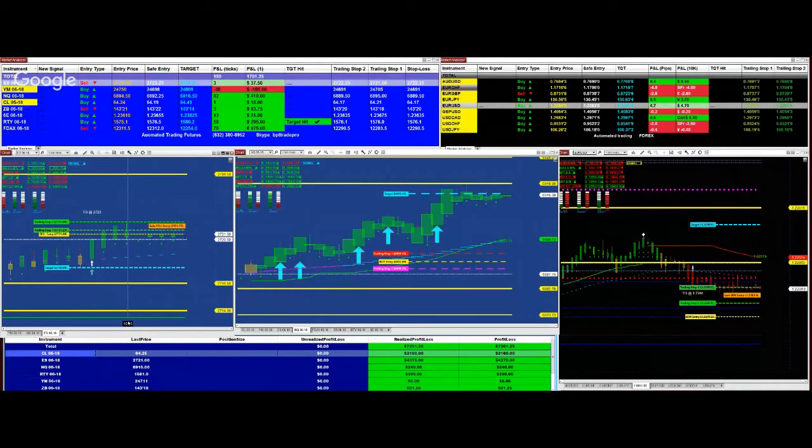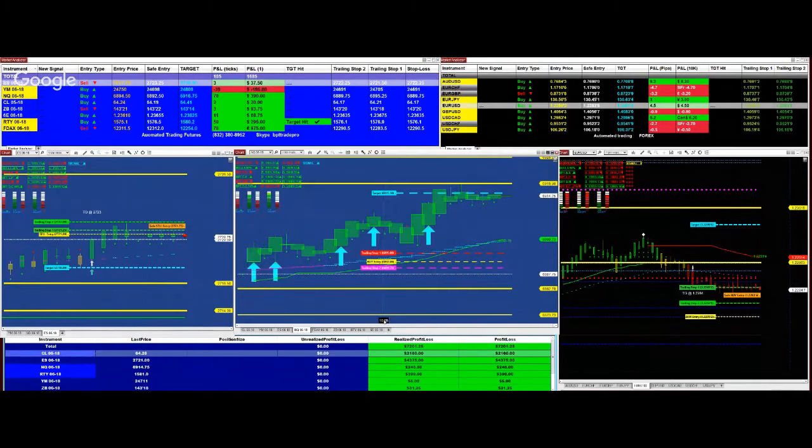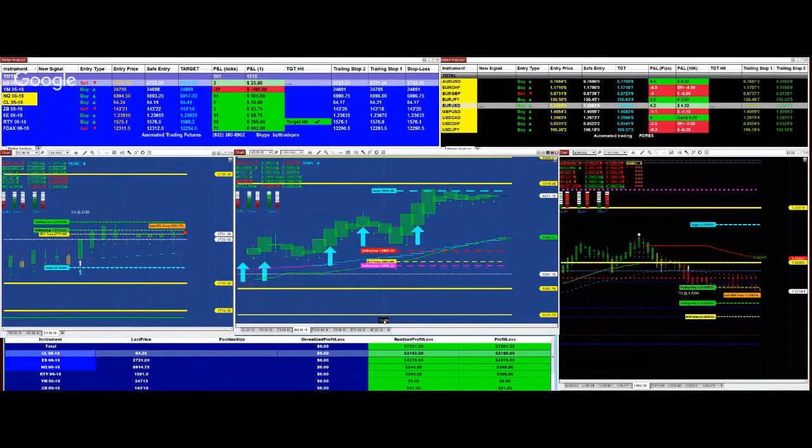So if we look at the NASDAQ, it stopped exactly at our line, and you can see how the NASDAQ is right in line with the target and is not doing anything anymore.